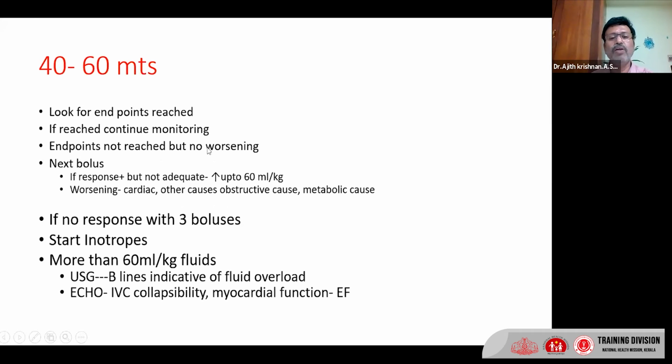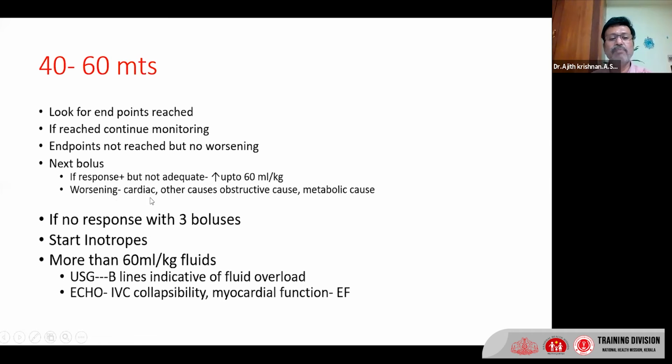If endpoints are not reached but there is no worsening, then you can give the next bolus. If the response is positive but not adequate, you can go up to 60 ml per kg if required. If at any time you feel the circulation has become okay, then you can stop the bolus and go to maintenance.